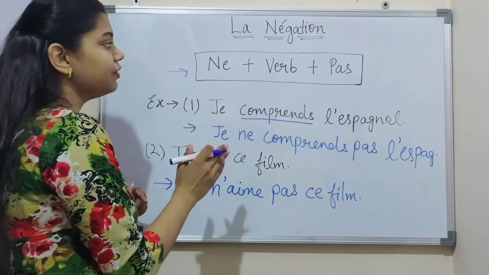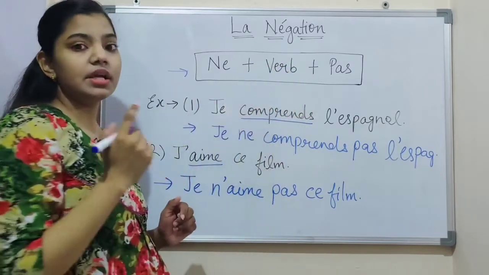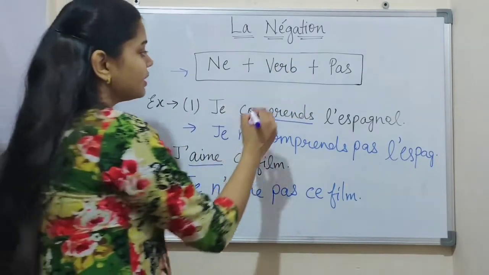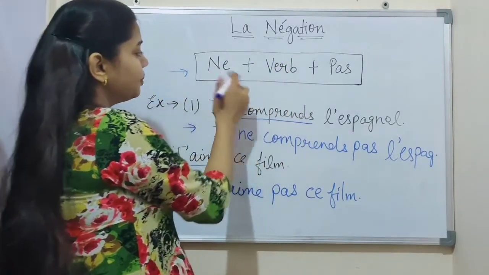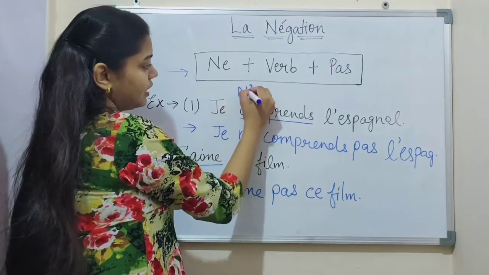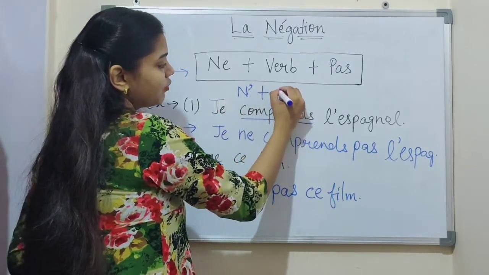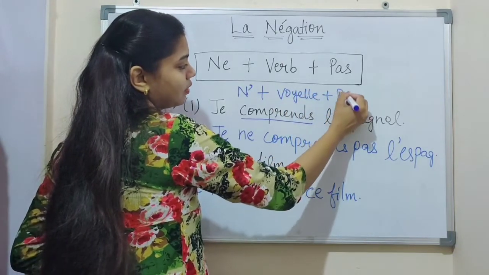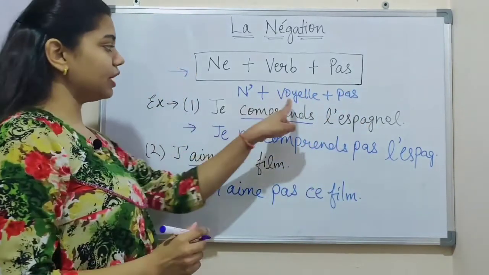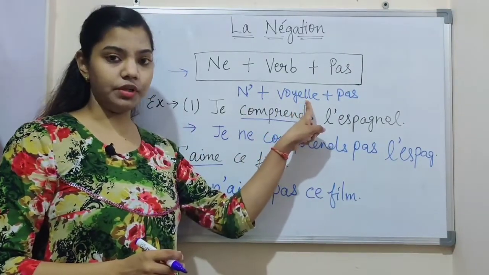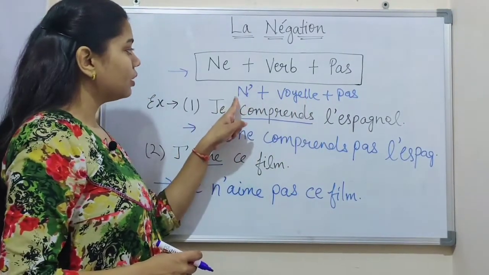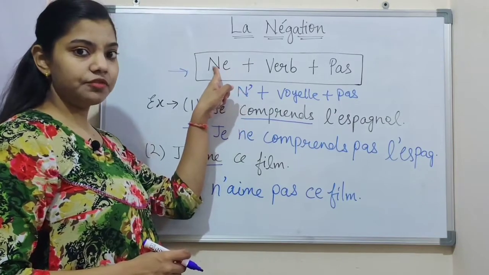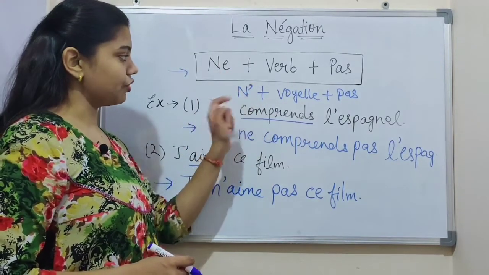If the verb starts with a vowel, then ne becomes n' plus voyelle plus pas. We drop the e from ne and add an apostrophe.